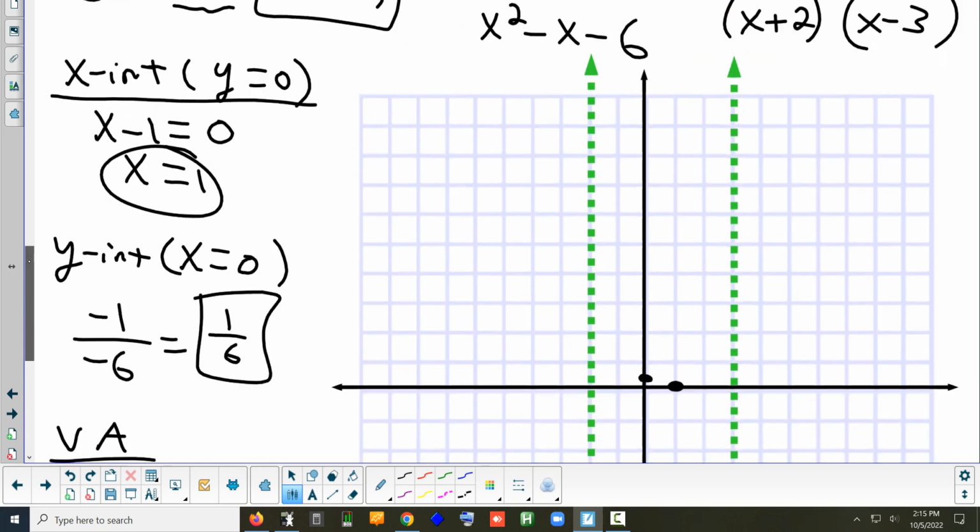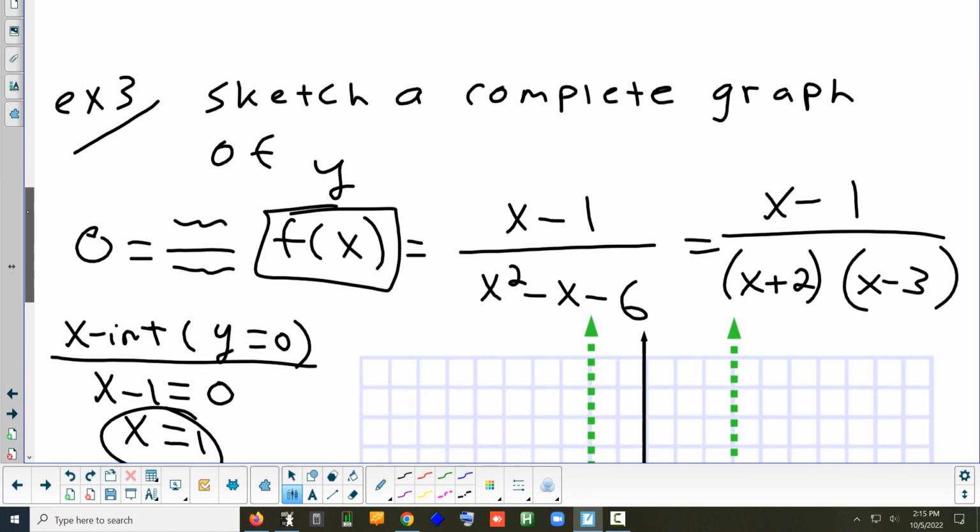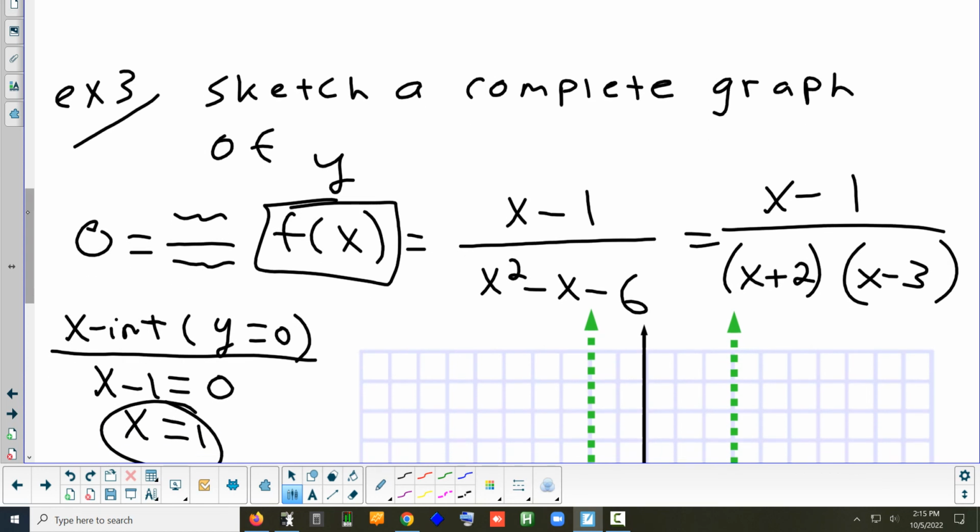Okay, Gavin, what's the EBM of what's in the top?